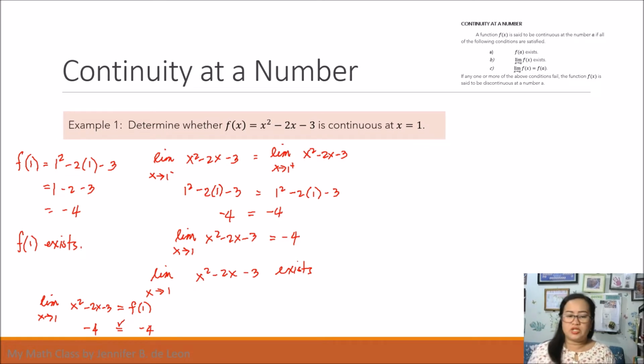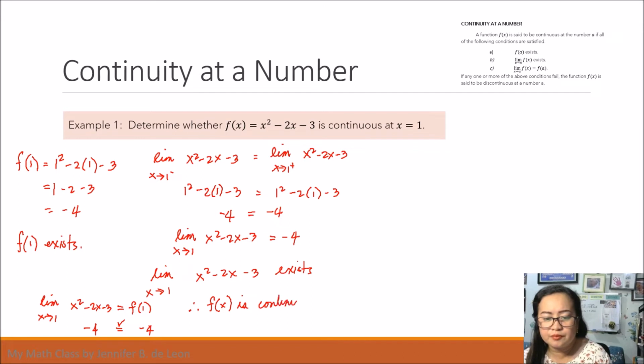Then we can conclude that the function satisfies the third condition. So with this, we can confidently say that f of x is continuous at x equals 1.